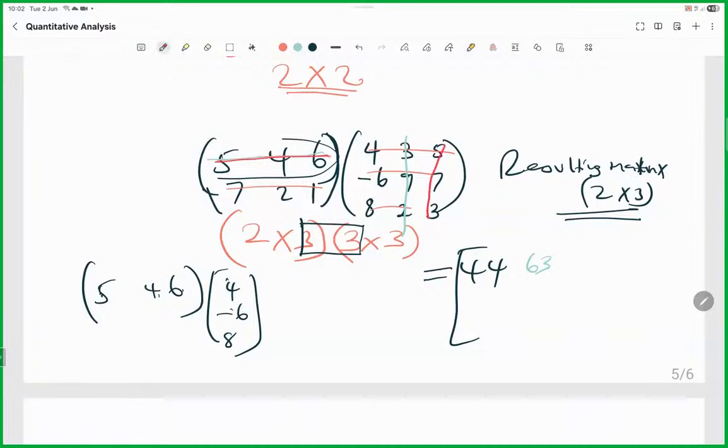First one, so it is 5 times 5 plus 4 times 7 plus 6 times 8. Anybody getting 71 anywhere? Getting 71, third one. Anybody getting a 71?